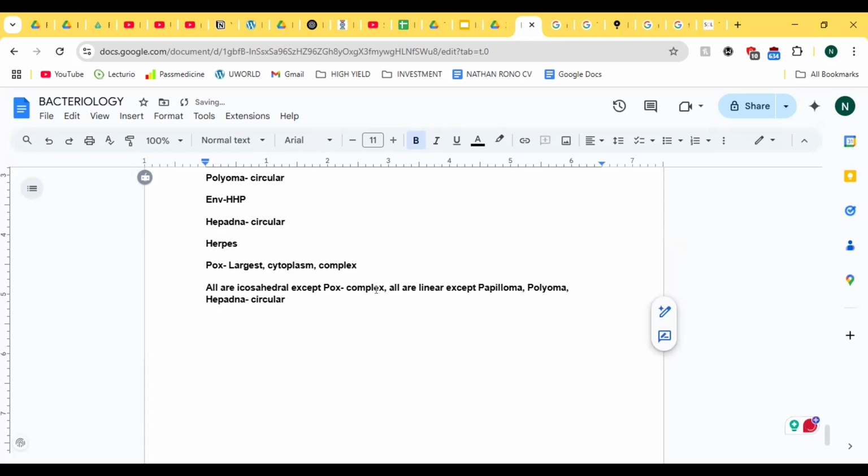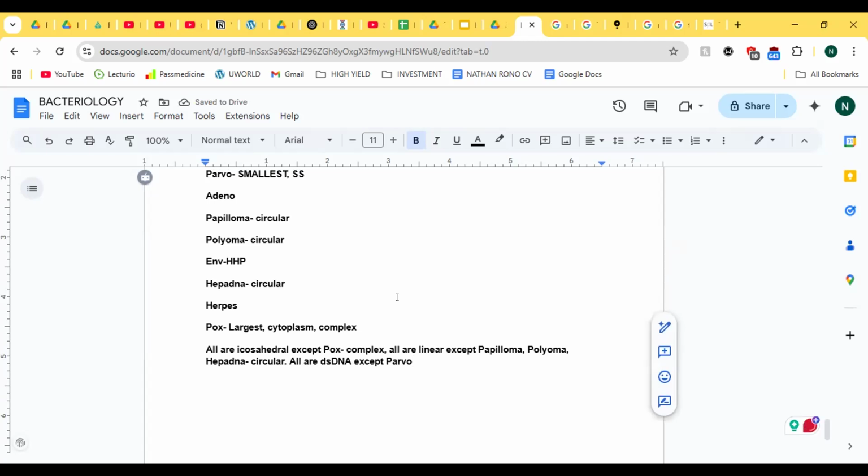And then the last one is all are double-stranded DNA except Parvo, which is the only single-stranded DNA.